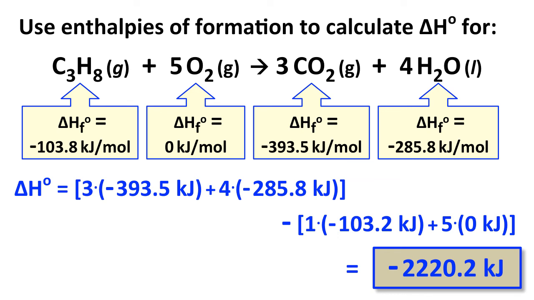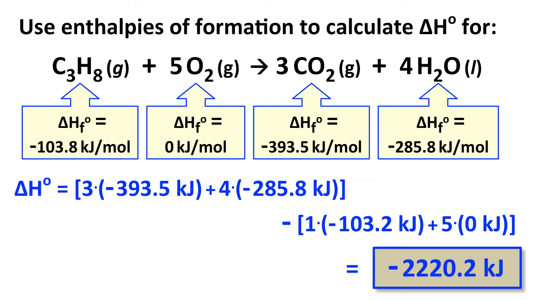It's worth noting we could also go the other way. For example, if we knew that the delta H for this reaction was negative 2,220.2 kilojoules, the heat of combustion of propane, and we knew the delta H of formation of CO2 and H2O but not of propane, this would be like knowing the answer and some of the parts that add up to the answer, and we could solve for a missing delta H of formation.